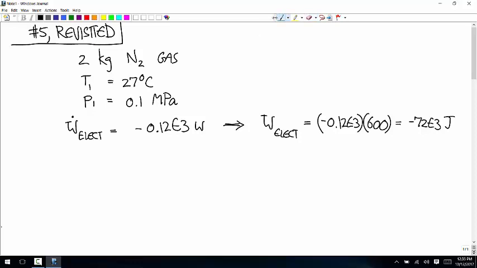And you're also given that over those 10 minutes, heat leaves the system, so Q is also negative, and the total is 12.59 times 10 to the third joules. Okay, so the 600 is 10 minutes.